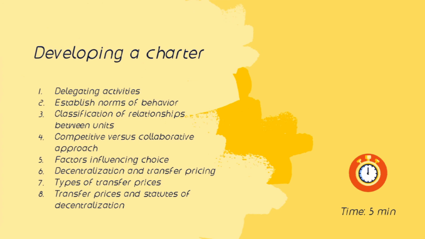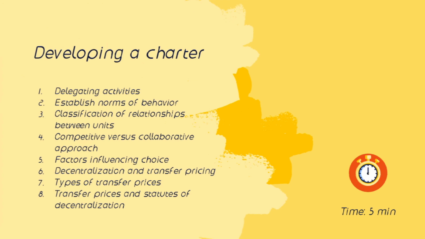Transfer pricing supports and encourages certain types of behavior in the organization, and also there are types of transfer rates, which consist of market price, price plus cost, variable cost, negotiable price, and price that is decided upon or ordered.